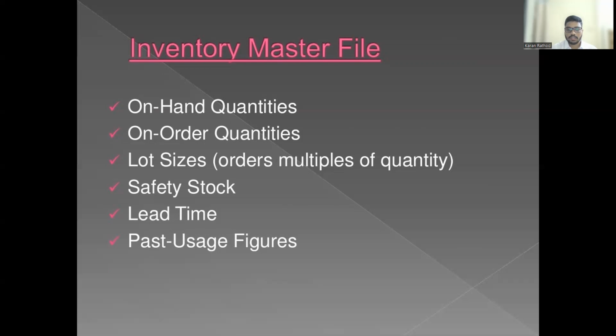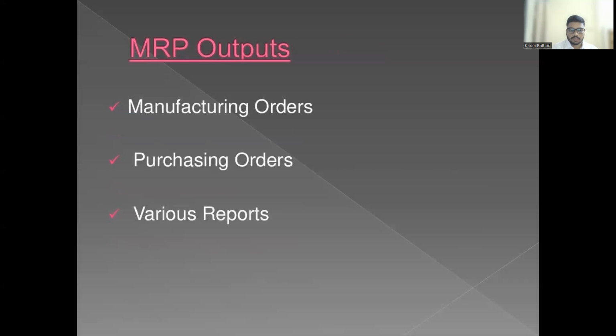Safety stock is needed if there is any problem like a power cut or a strike and the ordered quantities are not delivered. Lead time is how much time it will take for production. From past usage figures, we can know how many orders we have made and how many we will need to make on that basis.